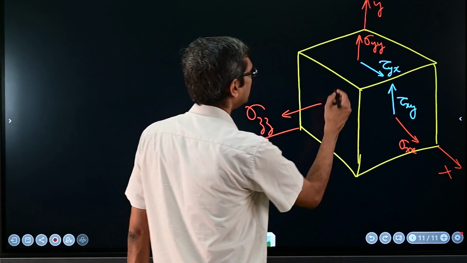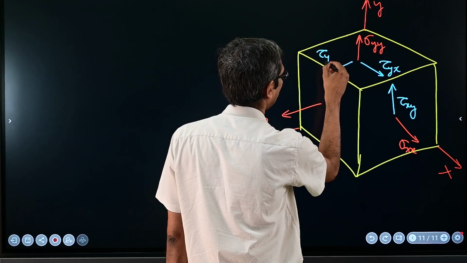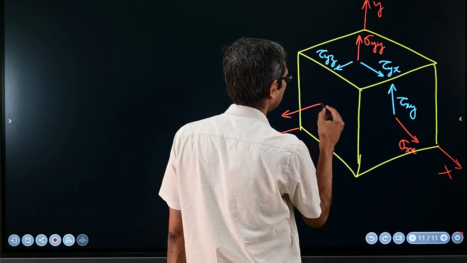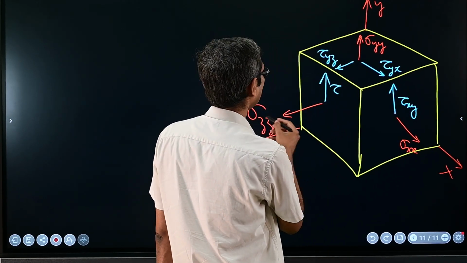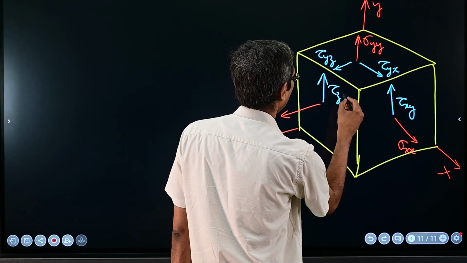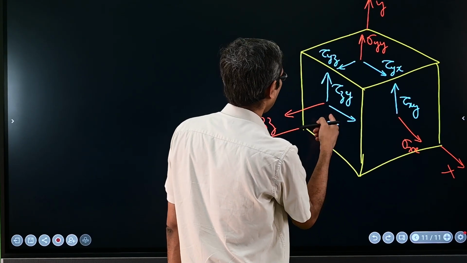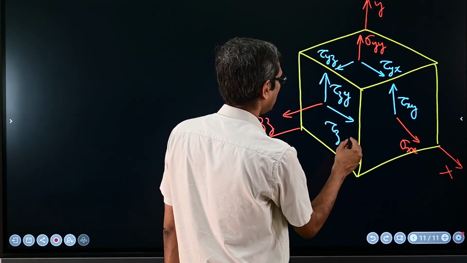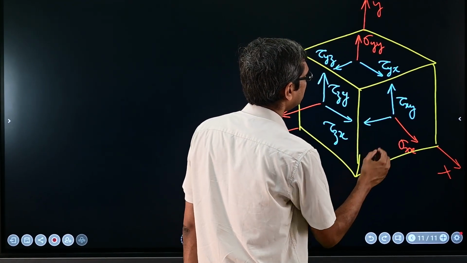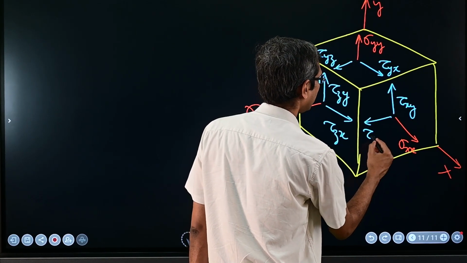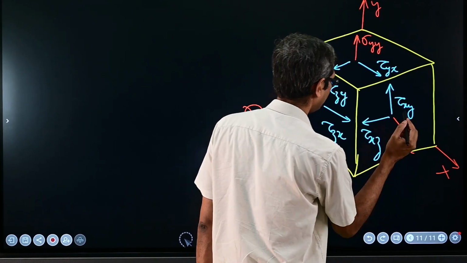And similarly here the area is perpendicular in the y direction, so the tau component is in the z direction, and here the perpendicular is in the z direction and the component in y, and here it's tau perpendicular z in x, and one more, tau perpendicular in x with component in z, right?